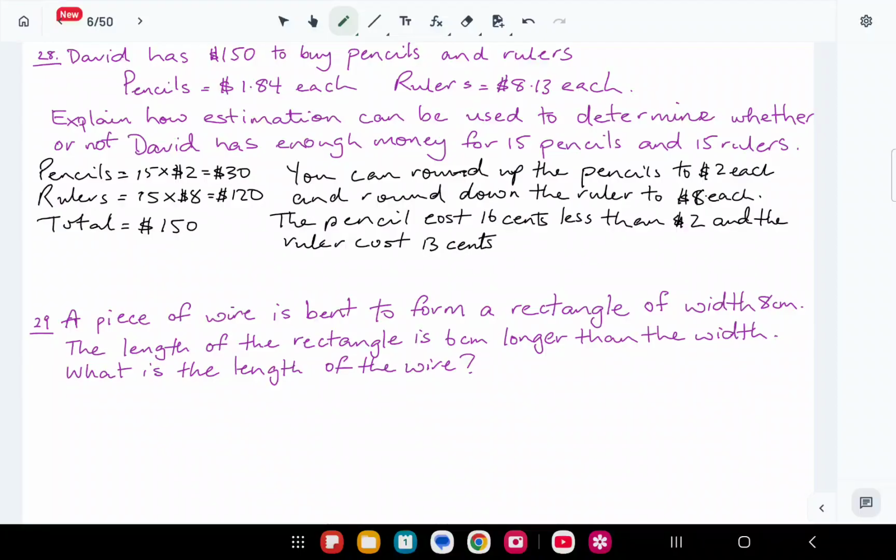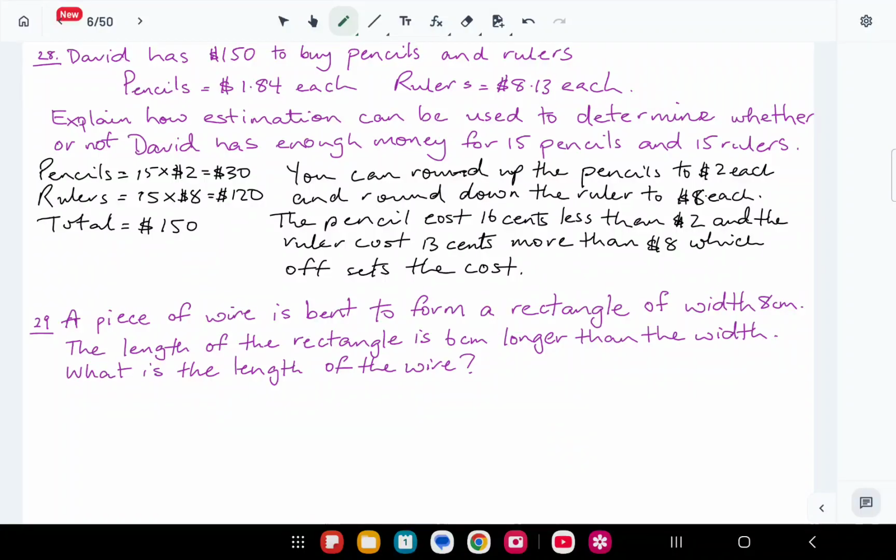So if you added on 16 cents, you still have a buffer, 3 cents there. So the 13 cents more than $8 offsets the cost.